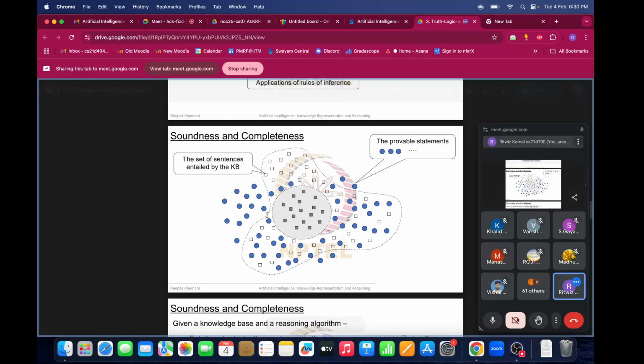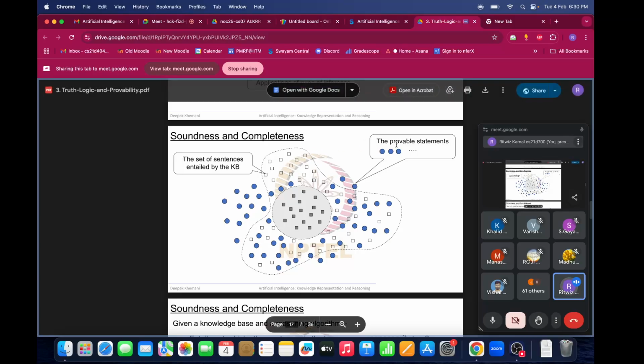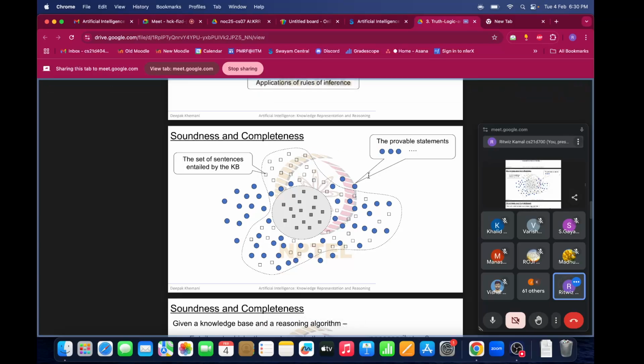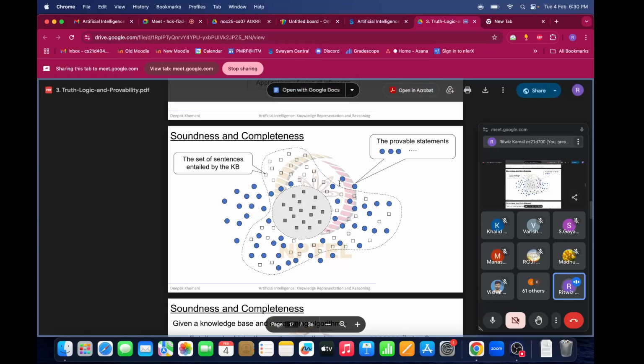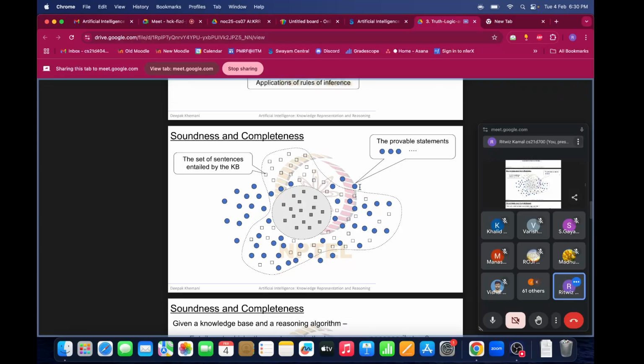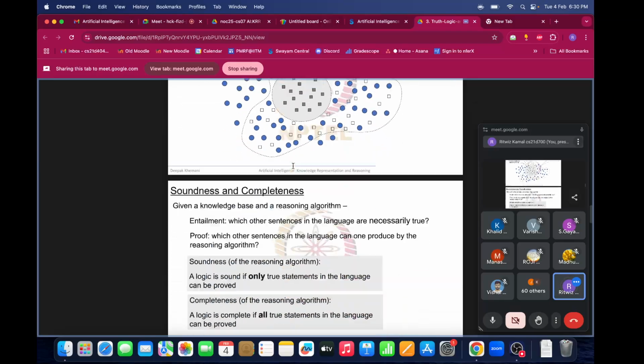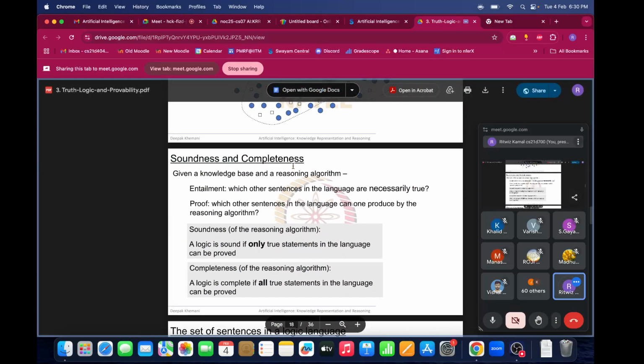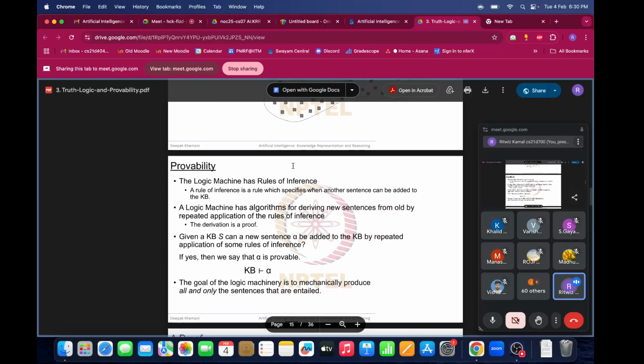This boundary is the set of sentences entailed by the knowledge base, and the blue dots are the provable statements. Not sure why all these boxes are not blue colored. Let's look at the definition of entailment.